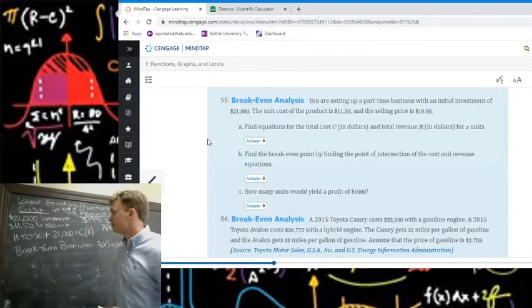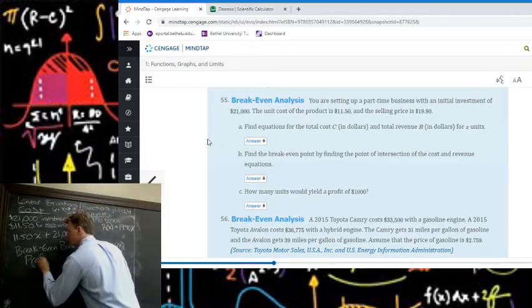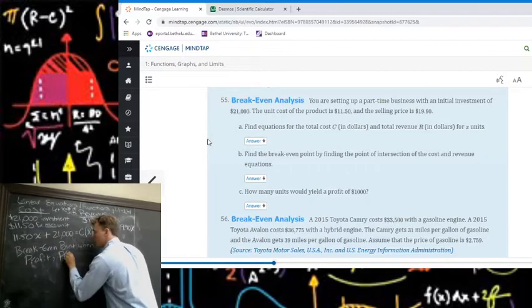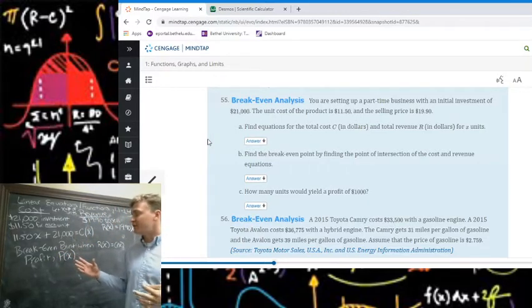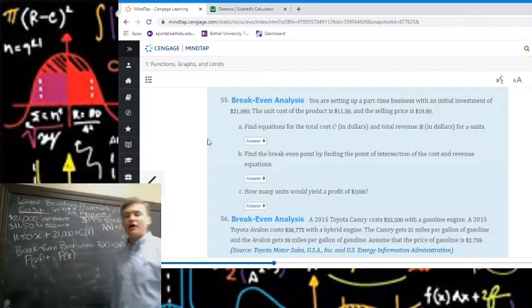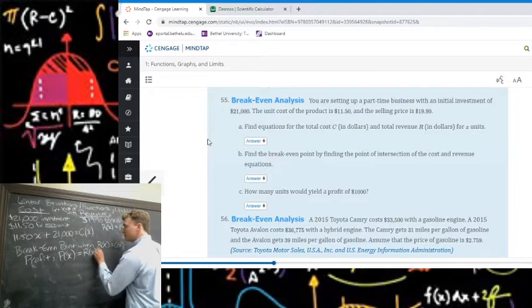Well, very simple. Our profit equation will be denoted P of x. Again, the capital P is profit. We're going to change it into a function as we go along. The profit function can be found by taking the revenue function and subtracting the cost function.